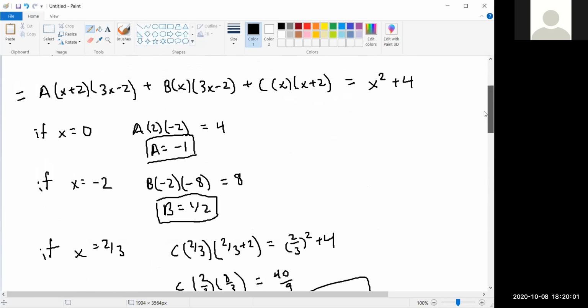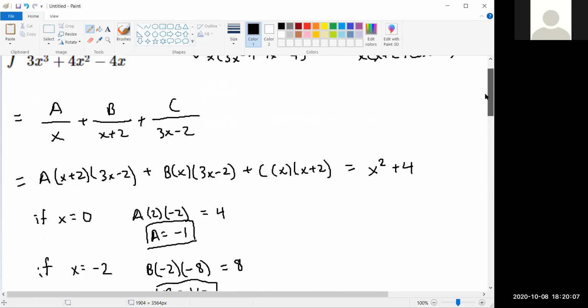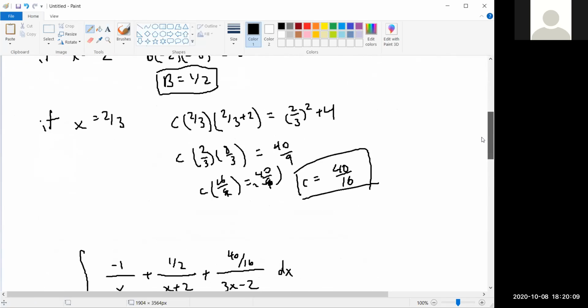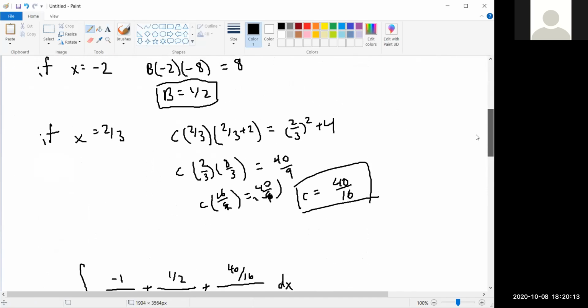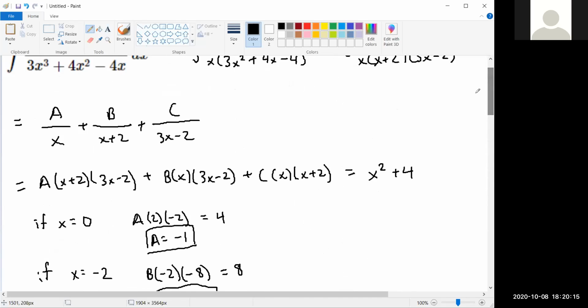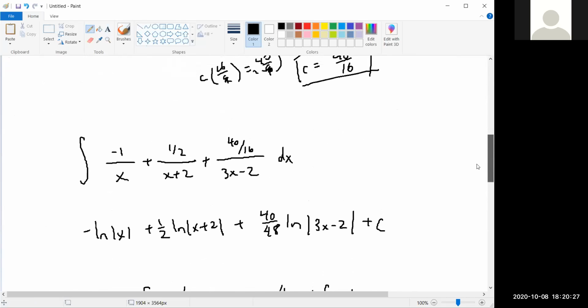Yeah, that's basically one of the most useful ways to solve for a, b, and c. Okay, where was the answer? The answer was over here.